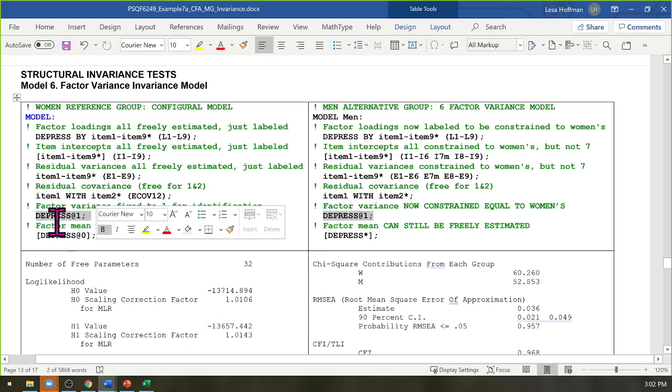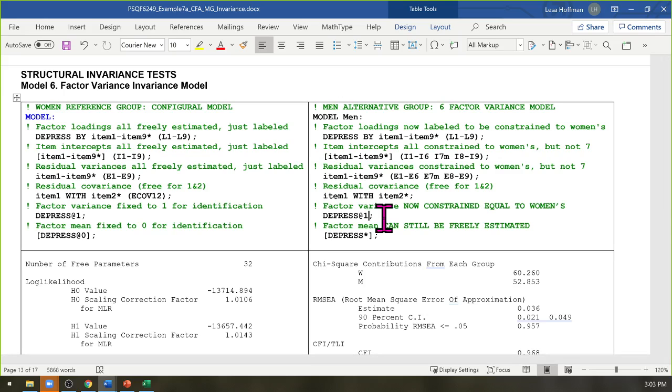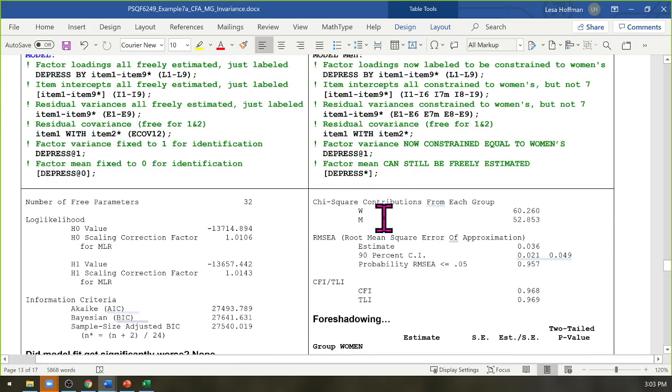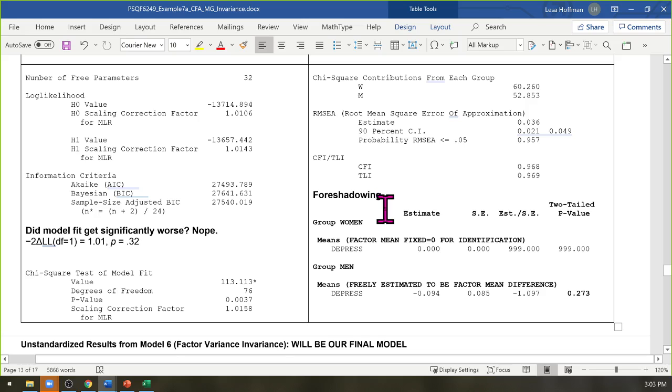If I had identified the model such that the reference group's factor variance was supposed to be 10, then I'd have to fix this one to be 10 also. So the question is whether I need the factor variance to be different in the alternative group or whether I can let it be the same and not decrease fit. And survey says, did the model fit worse? No.